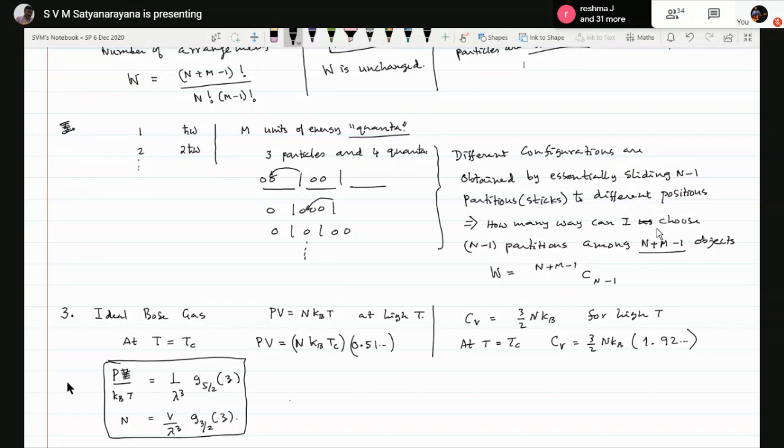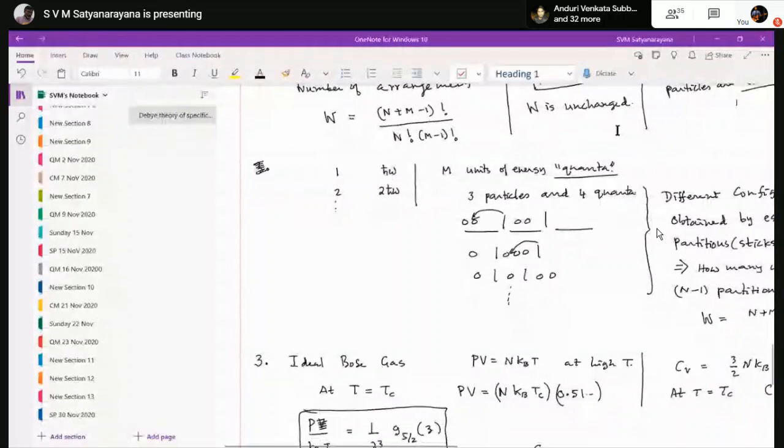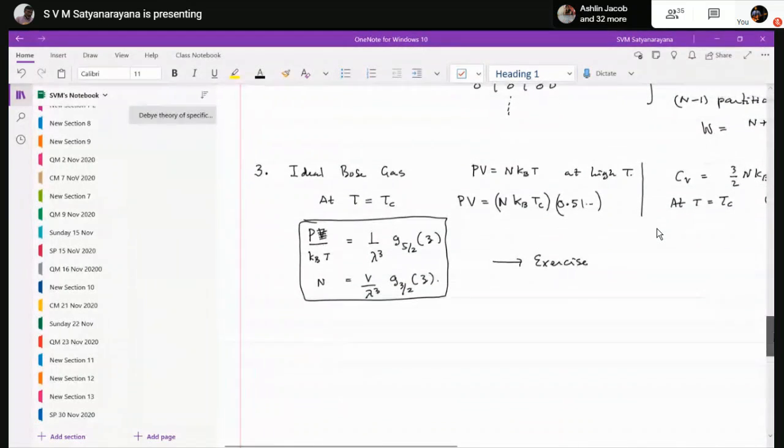I will leave deriving these results as an exercise, because that is instructive, and then you can verify that the pressure times volume is half the ideal gas value, and specific heat is 2 times the ideal gas value. So I would say that we have completed our course on Bose-Einstein statistics, or ideal Bose gas.